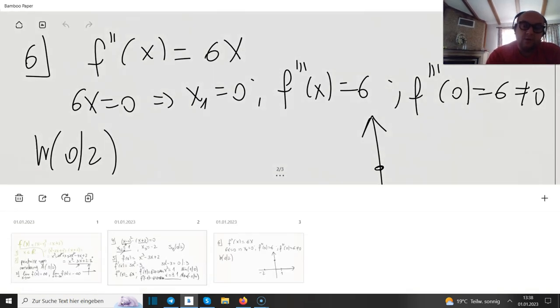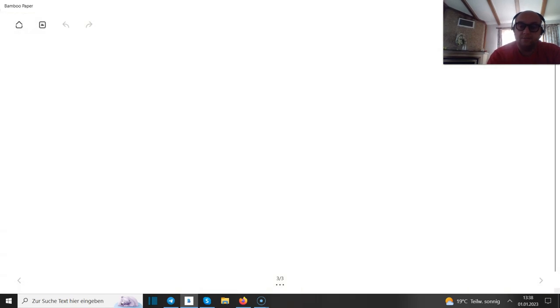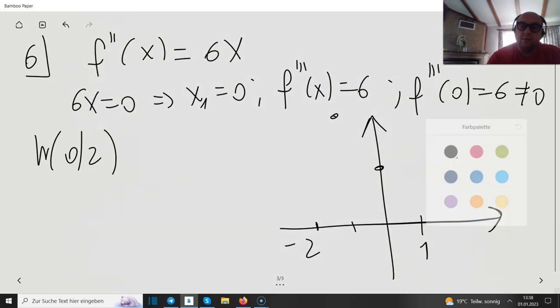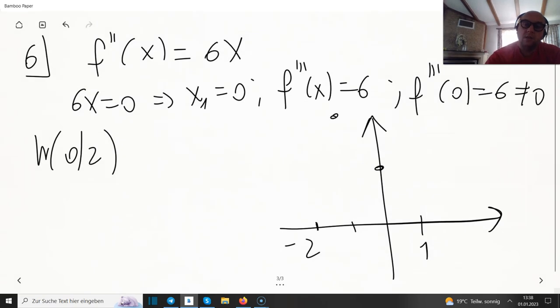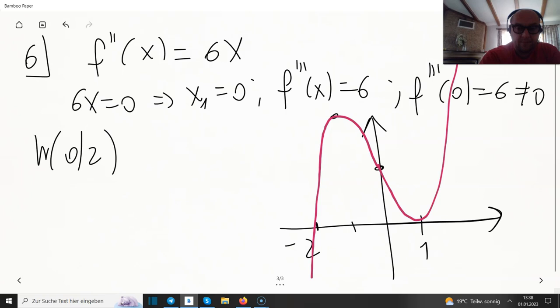And extreme values were also one at minus 1, 4. So what can we say about the graph? Well, look at this. We start at minus infinity. So we go like this, through the single zero point to the max, to the point of inflection, to the min, and then we go up.